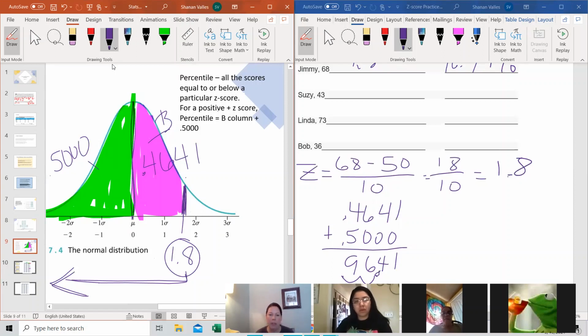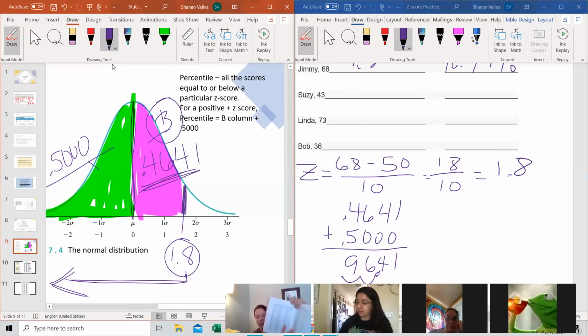And so the way to figure that out is you go to the table and you have to find B column because that tells you the proportion between the mean and the Z. But that proportion only takes you to the mean. And we need to figure out everybody that's also below the mean. And that it's just going to be 0.5000. It's 50% of the population.